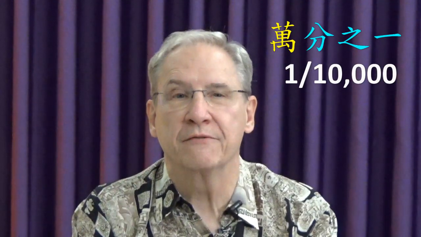As we've seen before, the way to express fractions in Chinese is to say x divided by y, as in 4分之一 for 1/4, 3分之二 for 2/3, etc. That means 10,000 divided by 1 would be 1分之一 to indicate a very tiny percentage.